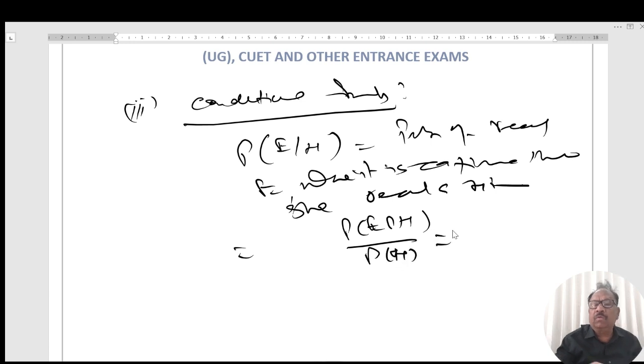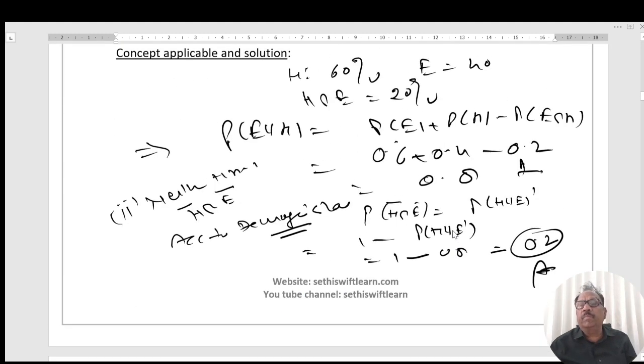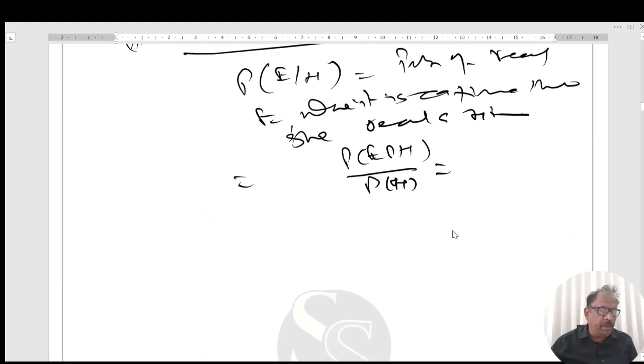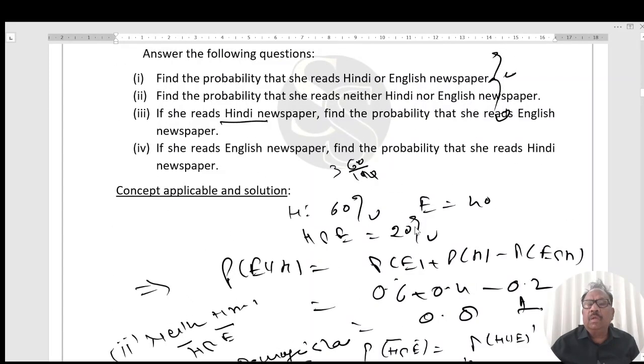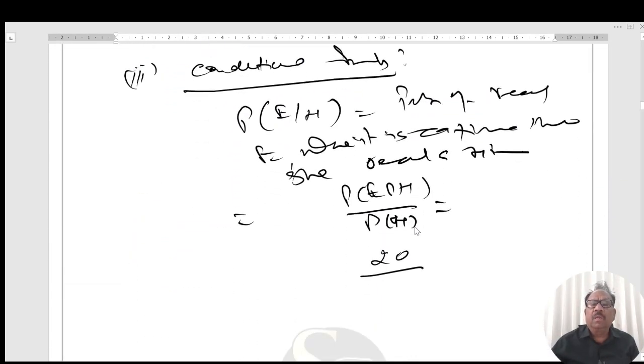P(E ∩ H) is given to you, that is 20%, so 20 divided by P(H), which is Hindi 60. So this comes out to be 1/3. Fourth part.